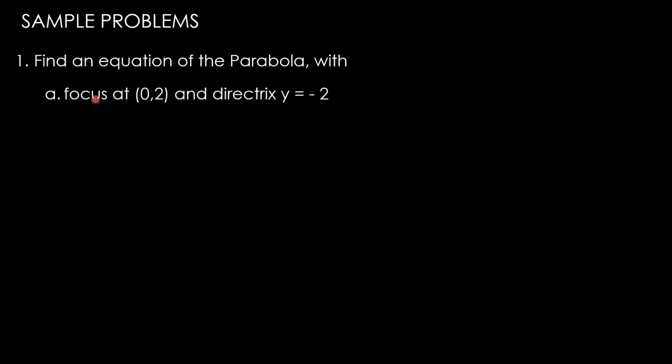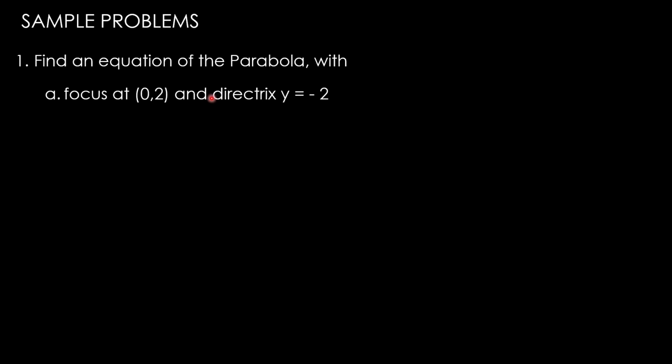Here are sample problems. The first one is to find an equation of the parabola with the given conditions. First, the focus is at (0, 2) and the directrix is y equals negative 2.